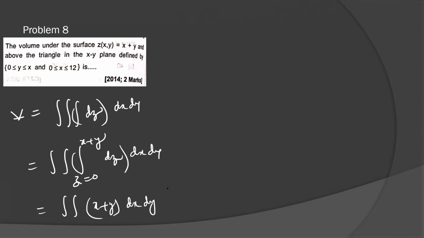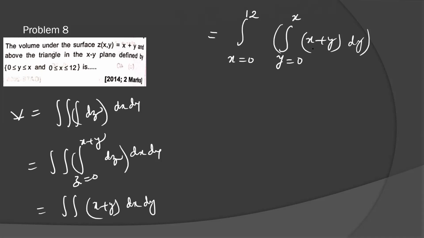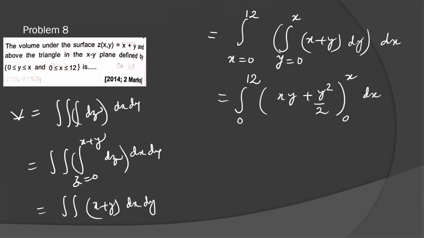Now you have it in the xy plane. For the xy plane, you are lucky enough that the limit is given to you. The limit of x is constant, 0 to 12, and the y limit is in the form of a variable, 0 to x, of (x plus y) dy dx. So it is 0 to 12, 0 to x. If you integrate with respect to y, xy plus y square by 2, from 0 to x, dx.